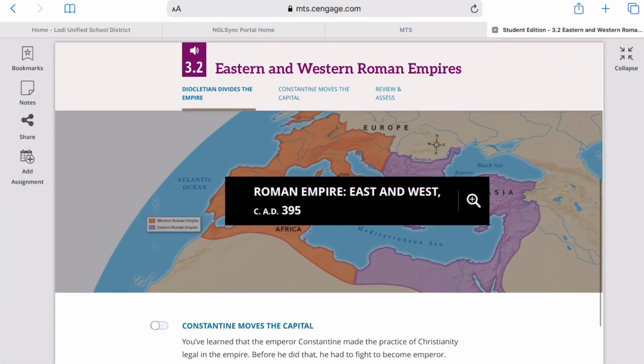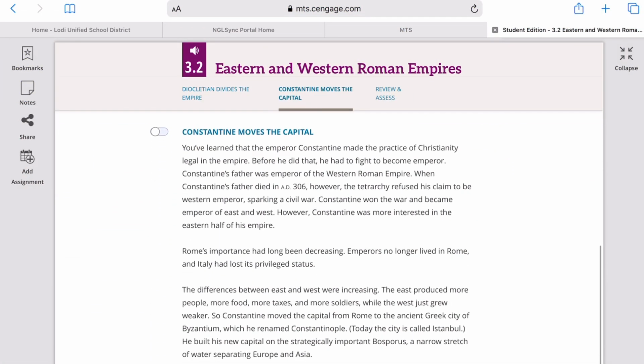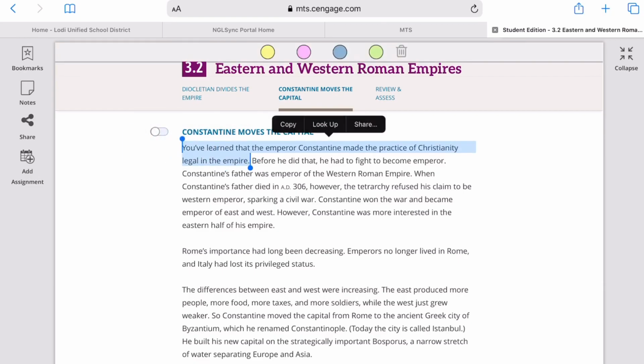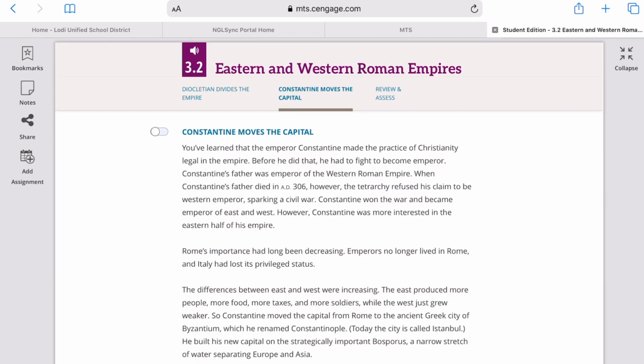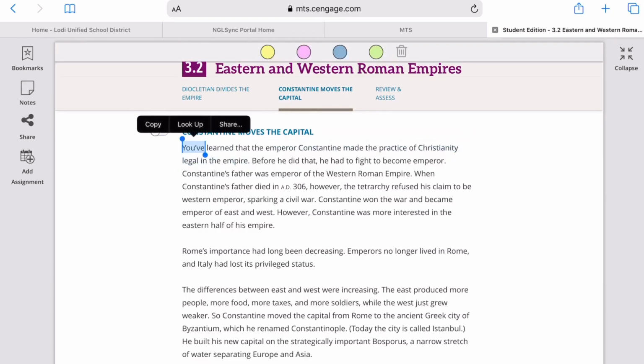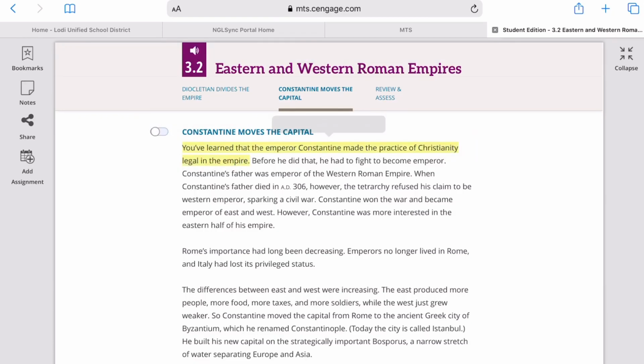When Constantine's father died, the Tetrarchy refused his claim to be the Western emperor. This resulted in a civil war. Constantine eventually won the war, if you still remember the story, and became emperor of the East and West. However, he was not that interested in the western side of the empire. He was more interested in the eastern half of his empire.